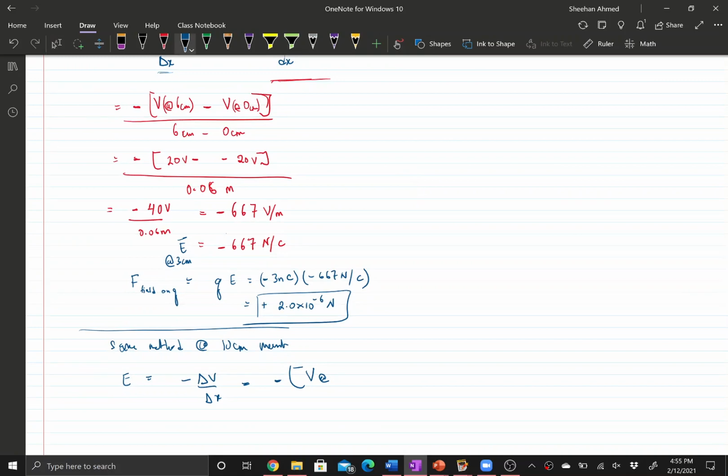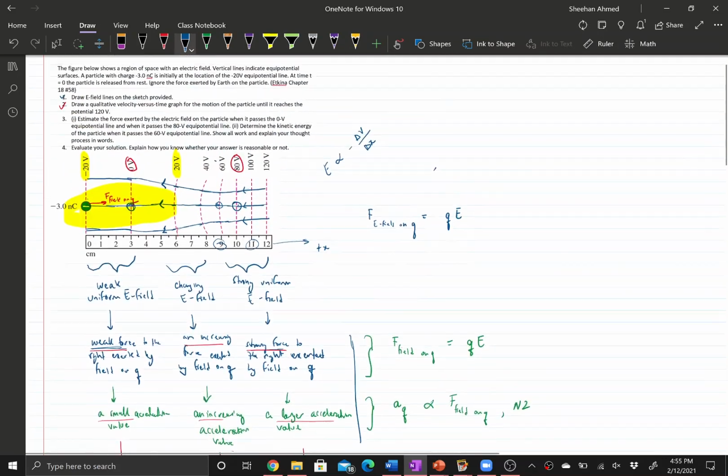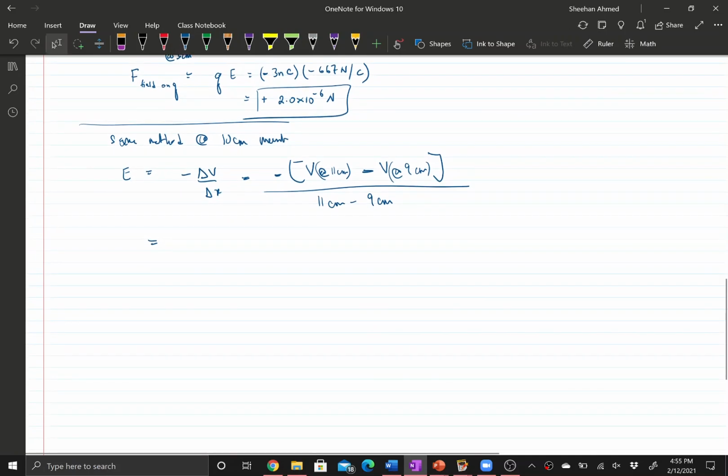So V at 11 centimeter minus V at 9 centimeters divided by 11 centimeter minus 9 centimeter. Well, what do I get? I keep forgetting my values. 100 minus 60. So I get minus 100 volts minus 60 volts divided by 2 centimeters.